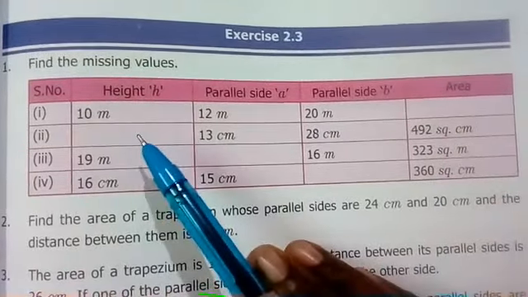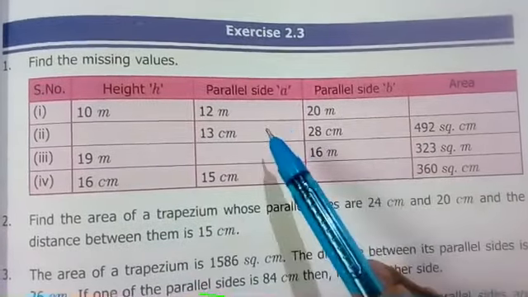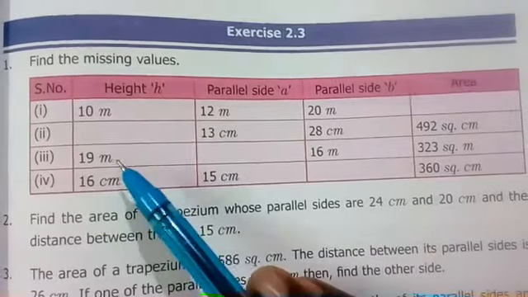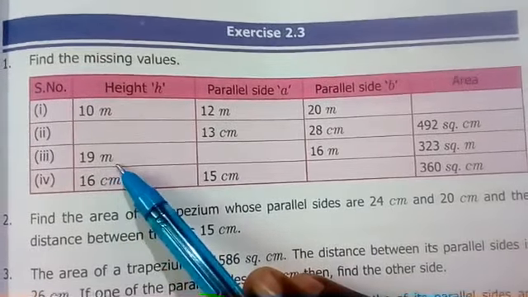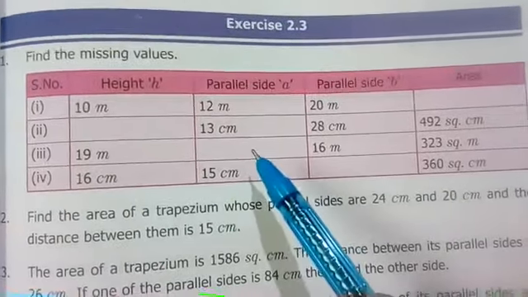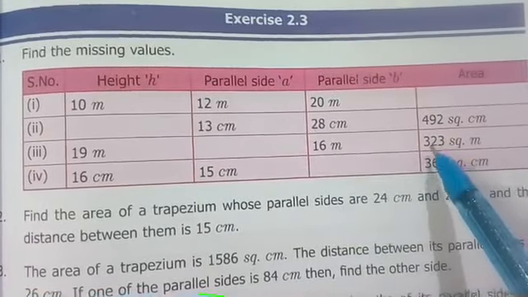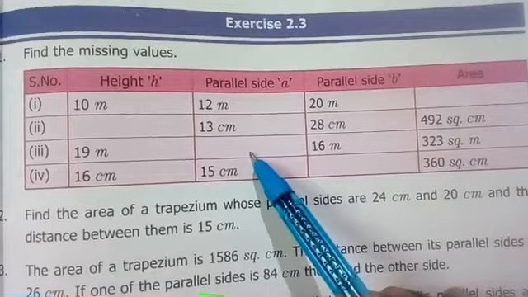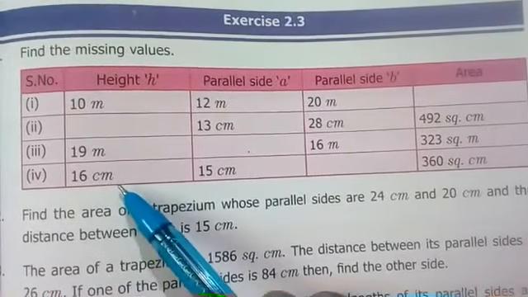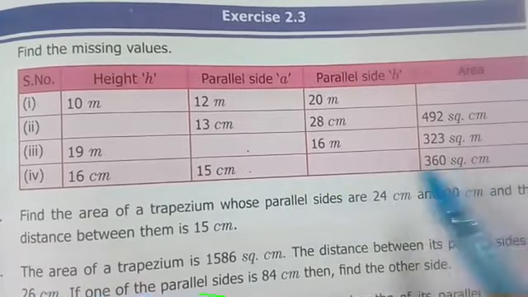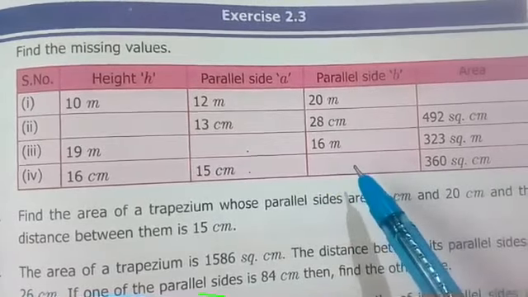In the second problem, the height is unknown, and the parallel sides and area are given. In the third problem, the height, one of the parallel sides, and the area are given, so we want to find the other parallel side. In the fourth problem also, the height, one parallel side and the area are given, and we want to find the other parallel side.